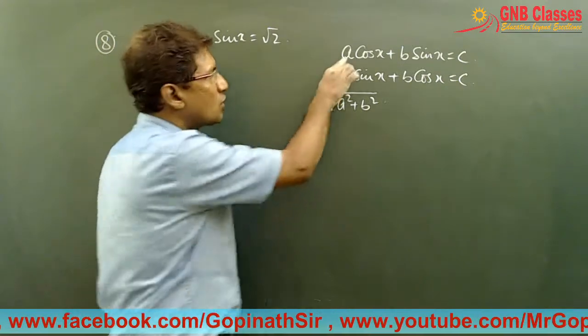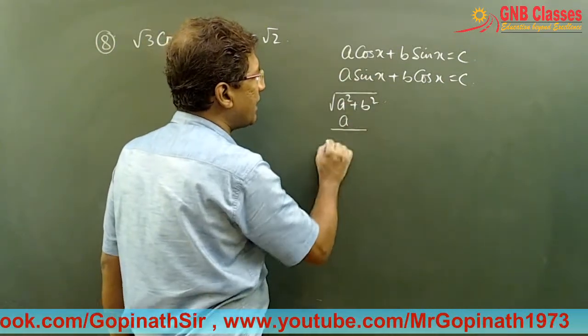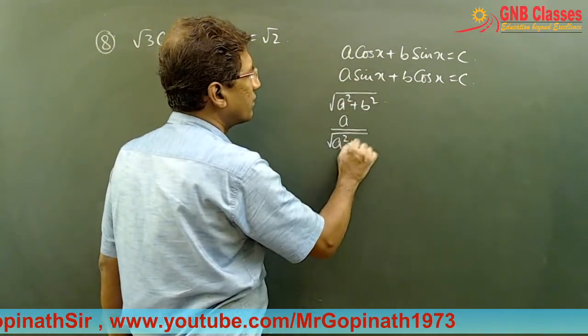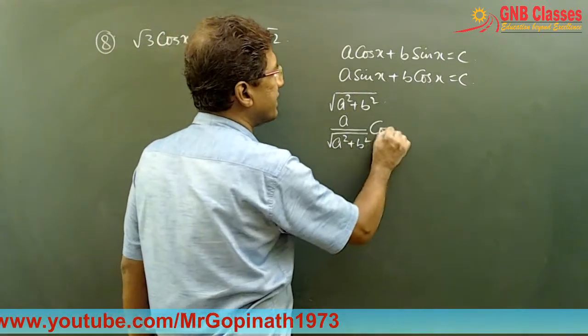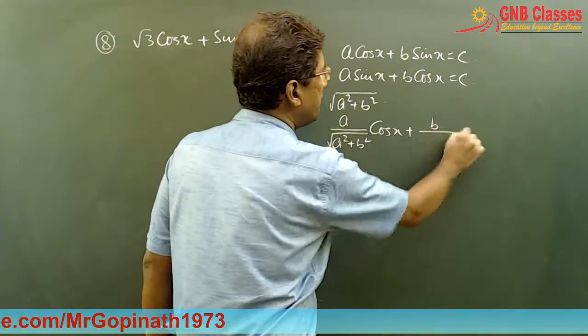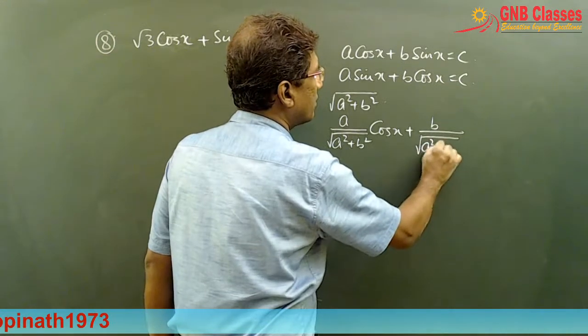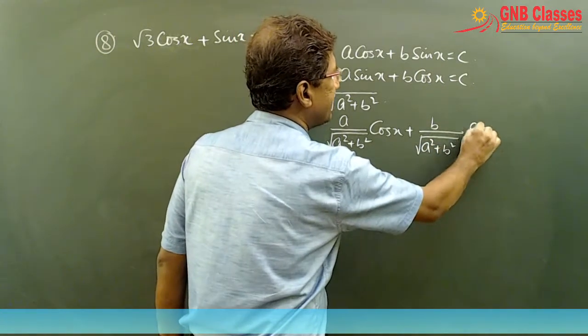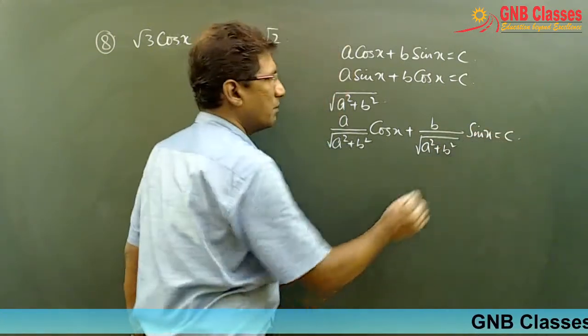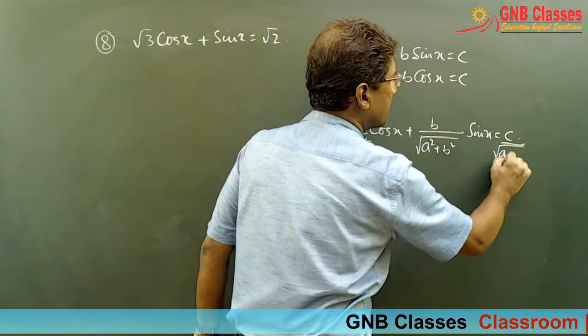Is it clear? So from the first one we will get a by under root a square plus b square cos x plus b by under root a square plus b square sin x, which equals c by root over a square plus b square.